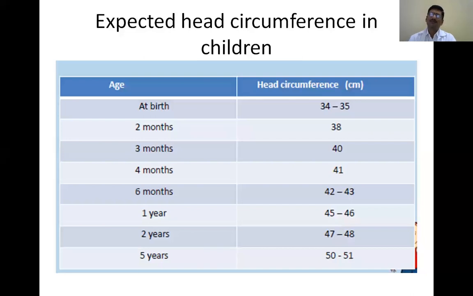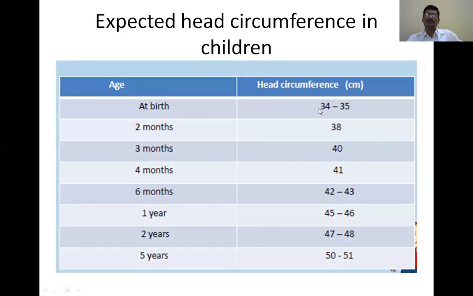You can see that most of the brain growth occurs during fetal life. By the age of 1, it is about 45 to 50, so the rest, around 15 to 20%, occurs during infancy. But later on, what occurs at preschool age is very little, an increment of only 5 centimeters between the first year and the fifth year.